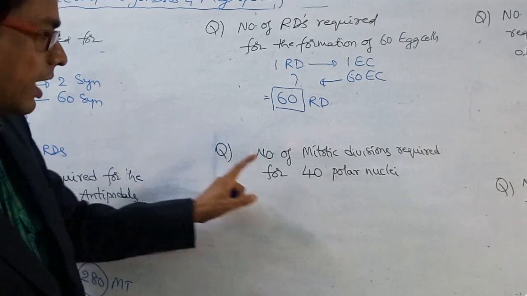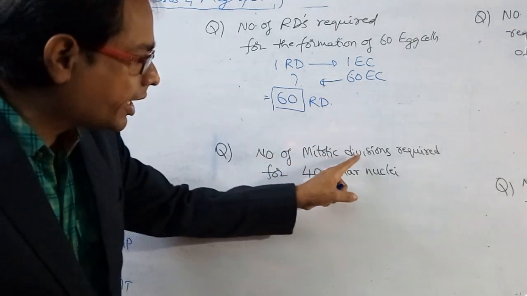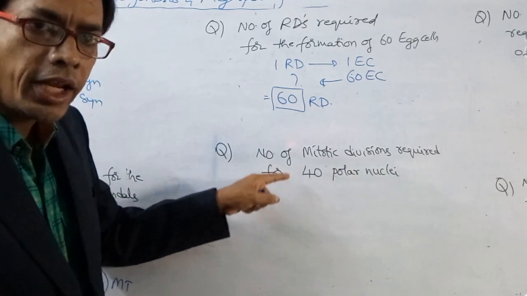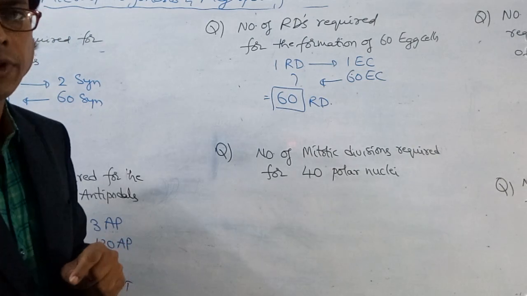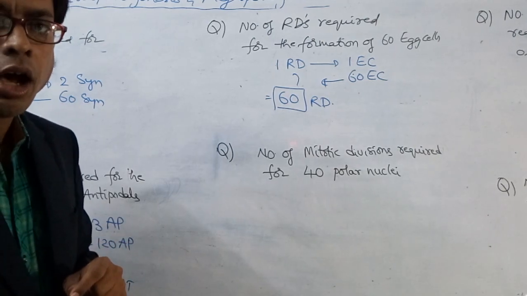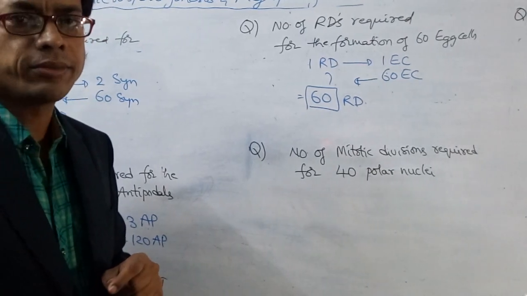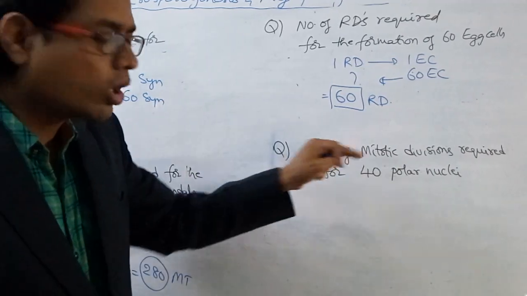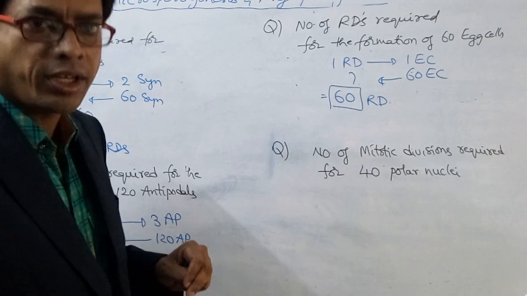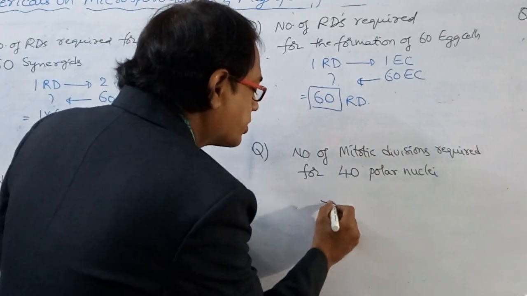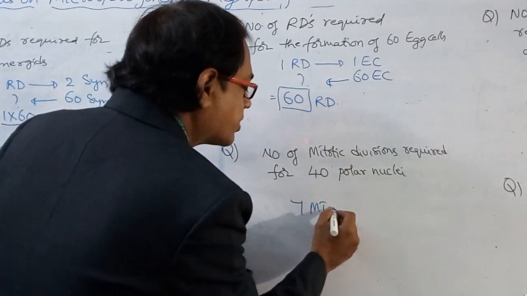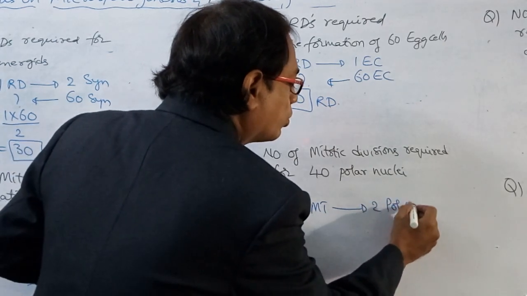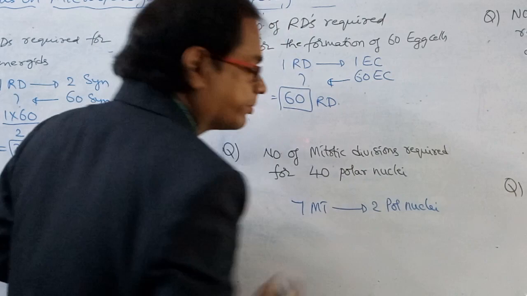Okay. Number of mitotic divisions required for the formation of 40 polar nuclei. In the embryo sac, how many polar nuclei are present? 2 polar nuclei. How many mitotic divisions required? 7, isn't it? So 7 mitotic divisions are required for the formation of 2 polar nuclei.